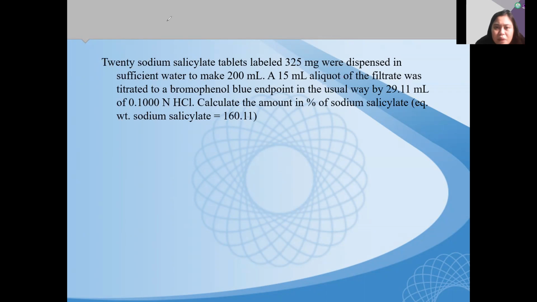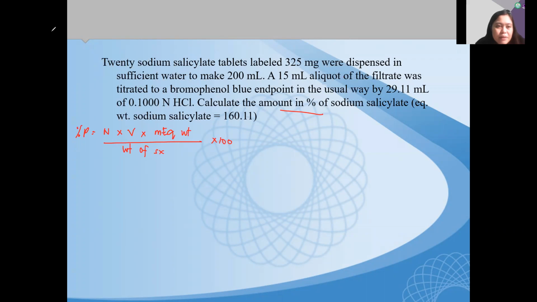So what we are looking for here is the percent purity, the amount in percent. For the percent purity, our formula is N times V times MEQ weight divided by the weight of our sample times 100.